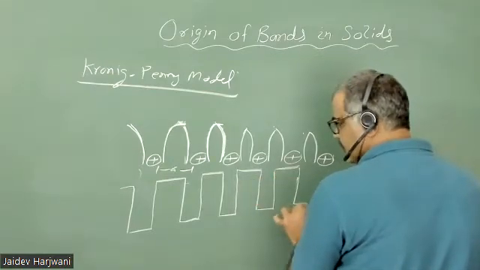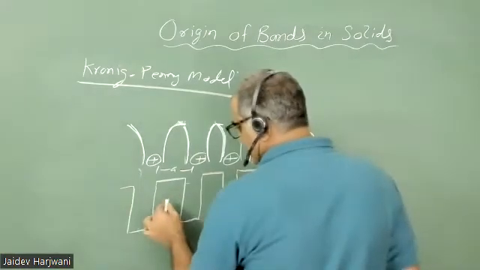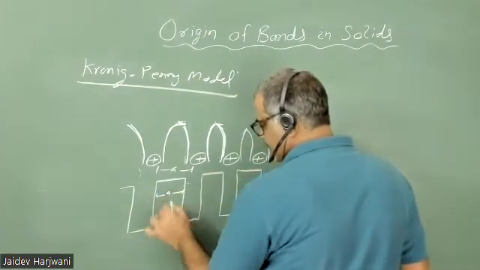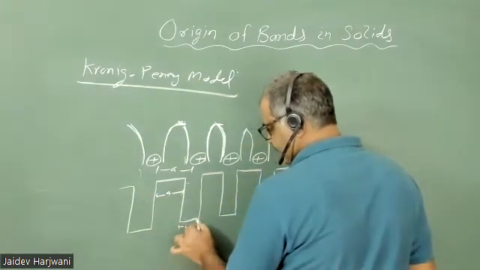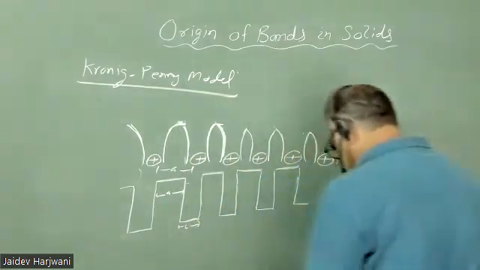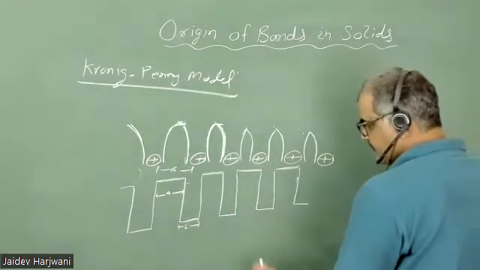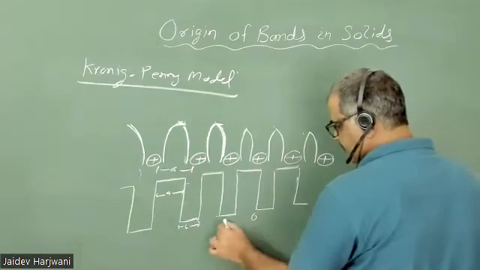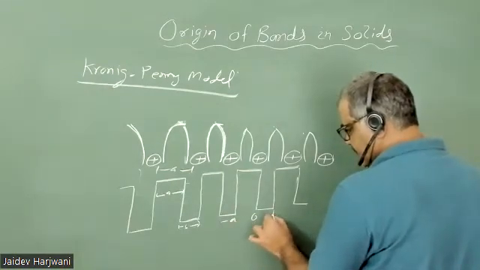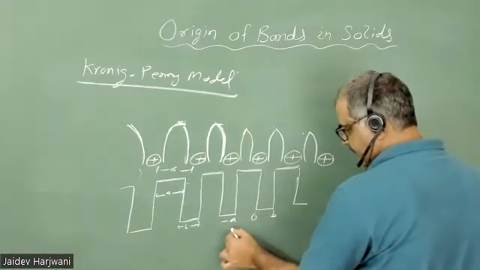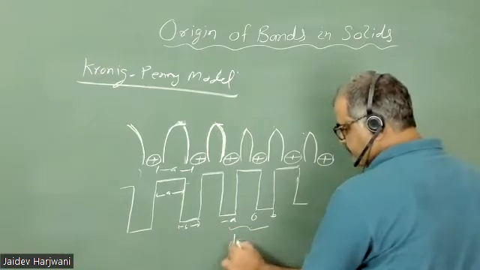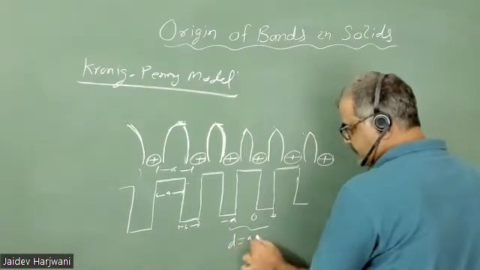Now we are going to solve this. This portion is a little bit bigger. Say this distance is a and this distance is b. If I say this is my 0, this will be minus a and this will be my b, and the periodicity of the potential is now a plus b.